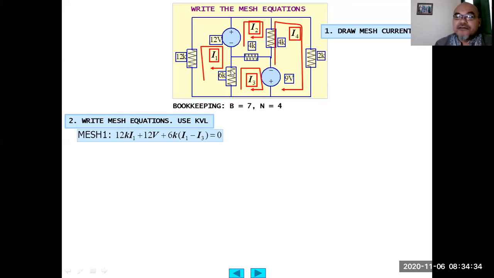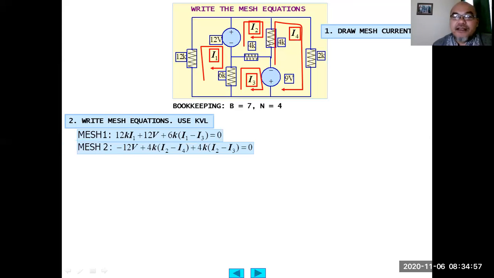Or otherwise we can do the traditional way. We go one by one through each of the components. So 12K multiplied by I1, then here plus 12 volt because there is a voltage drop here, then plus 6K multiplied by I1 minus I3.